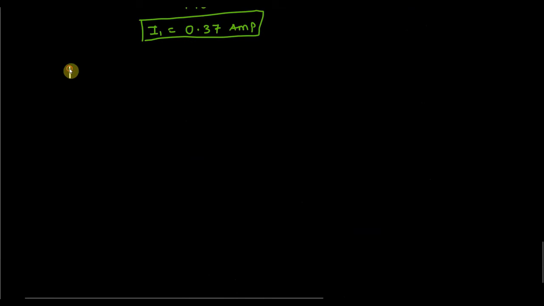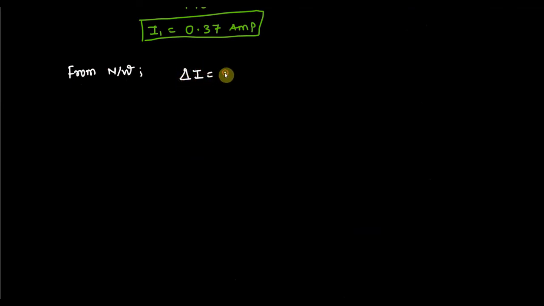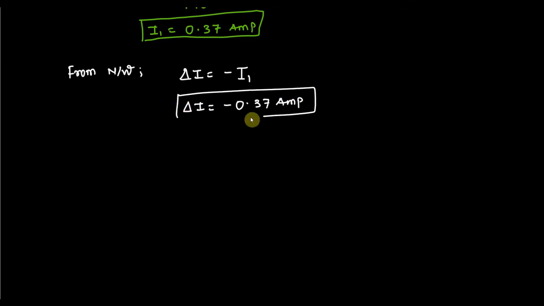So from the network, your delta I is actually equal to this one. So delta I comes out to be minus 0.37 ampere. So this is your final answer.